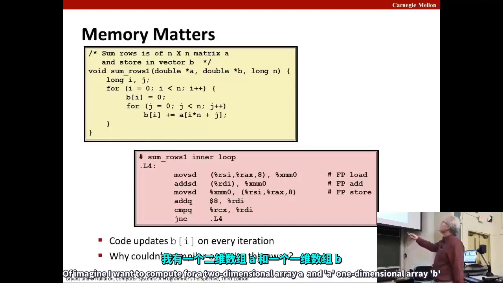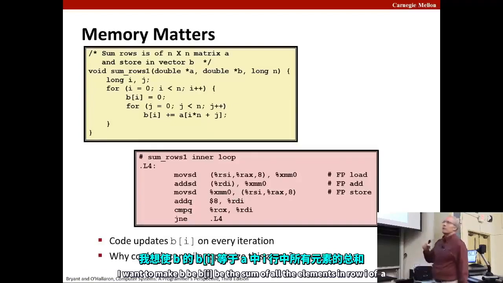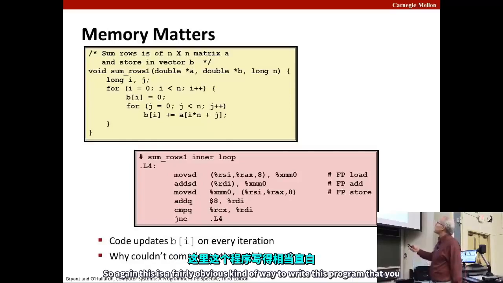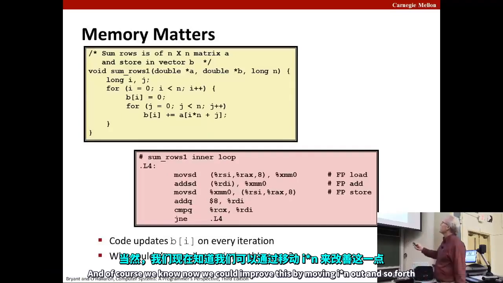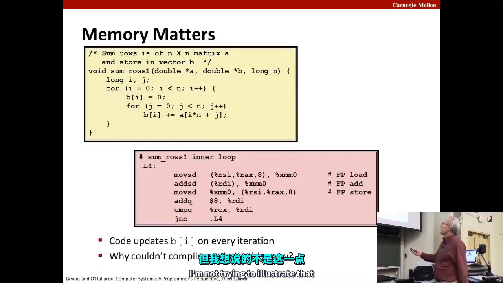Imagine I want to compute, for a two-dimensional array A and a one-dimensional array B, B sub i as the sum of all the elements in row i of A. Again, this is a fairly obvious way to write this program: b[i] equals 0, and I'll step through the row and accumulate all the values. And of course, we know now we could improve this by moving i times n out and so forth, but I'm not trying to illustrate that.